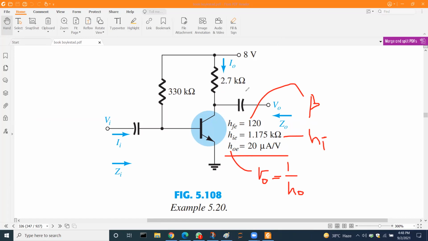So afterwards, we make it parallel with RC to find the output impedance. And to find the input impedance, we have to calculate the RB, which is 330K, in parallel with the input H input, which is 1.175.